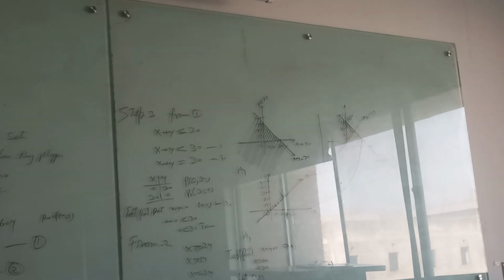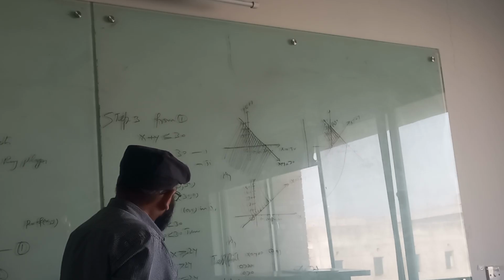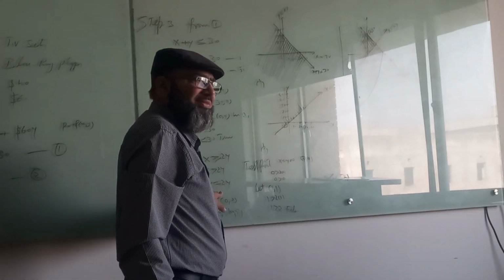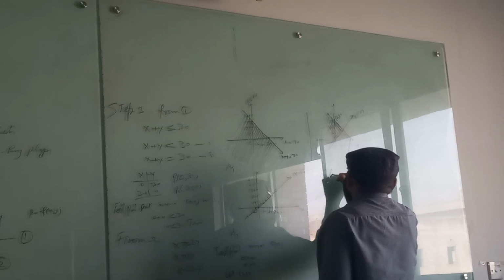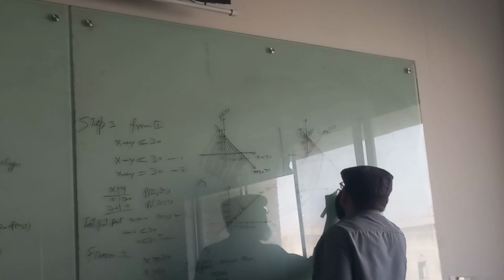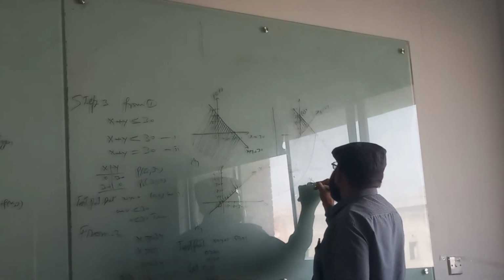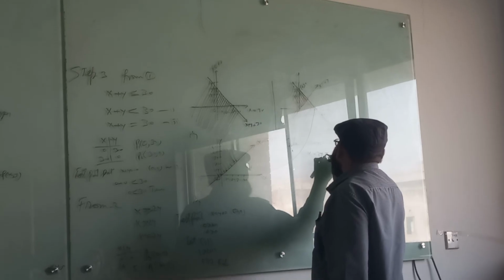This one and this one. Solve x plus y equal to 30 and x minus 2y equal to 0.